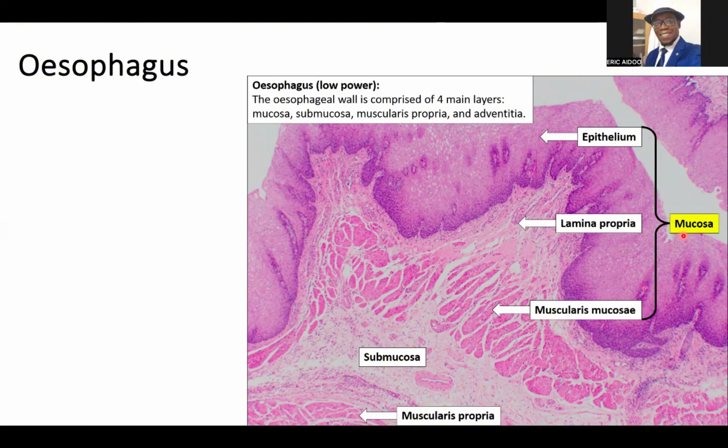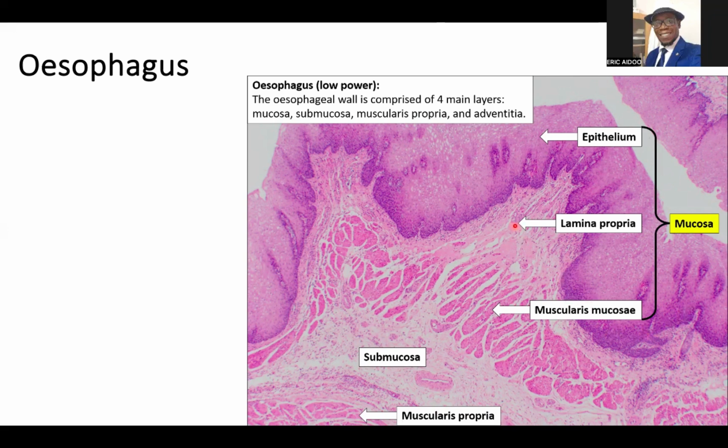All right. You see the very basophilic nature here of the esophagus lining. That is the submucosa. And then you also have muscularis propria. And the basophilic nature is indicative of the presence of glands that are picking most of the stain.